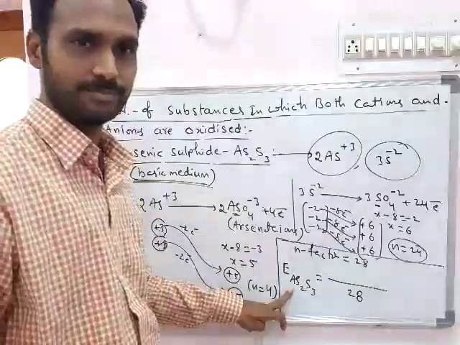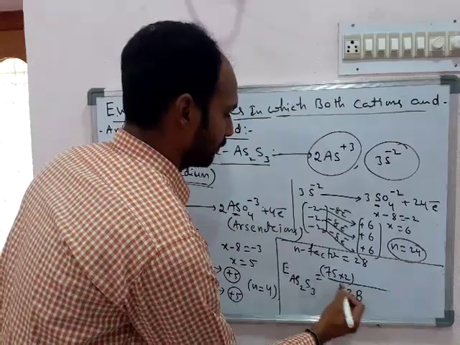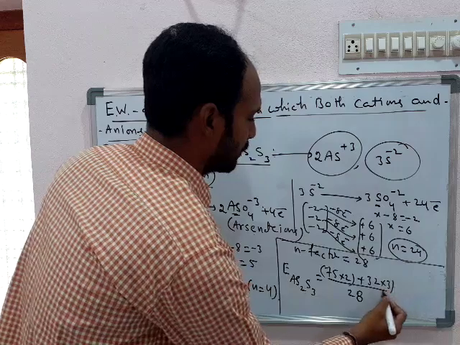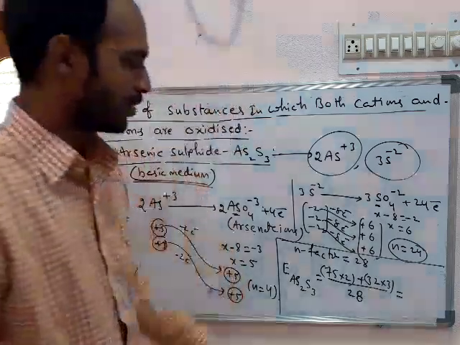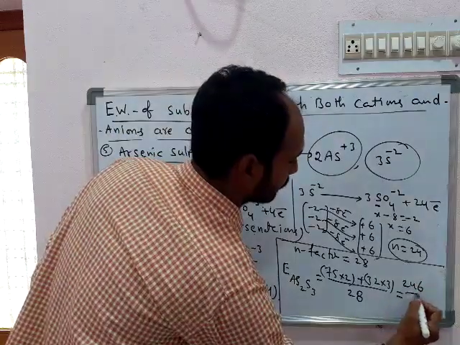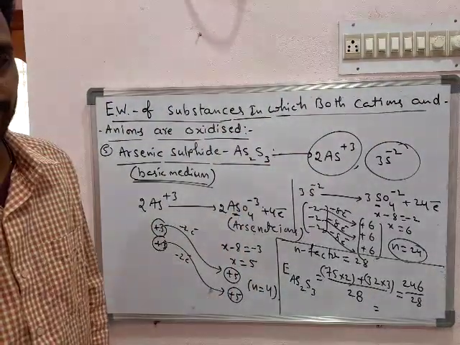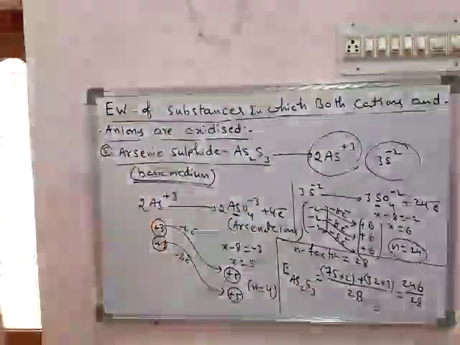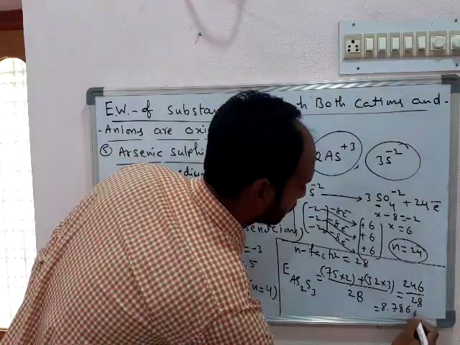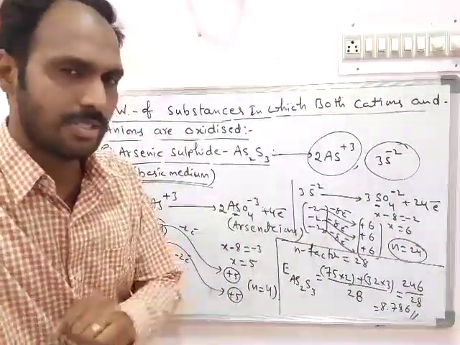Arsenic is 75 into 2, and sulfur is 32 into 3. So here we get 246 by 28, and finally we get 8.786 grams.